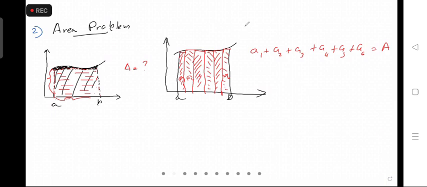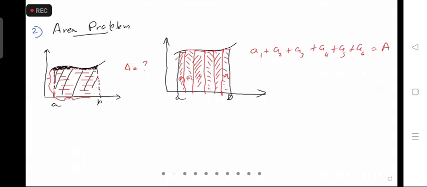With respect to the previous case, it is a better approximation, but it is not the best approximation for the answer.